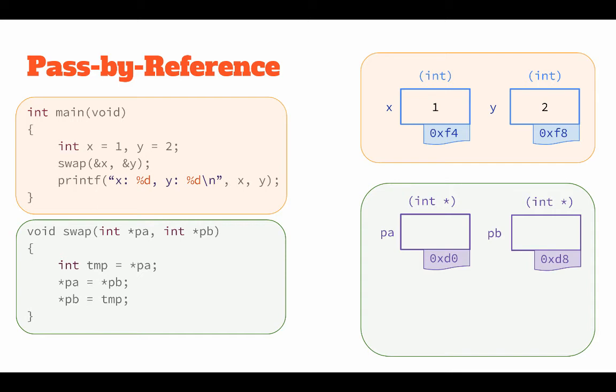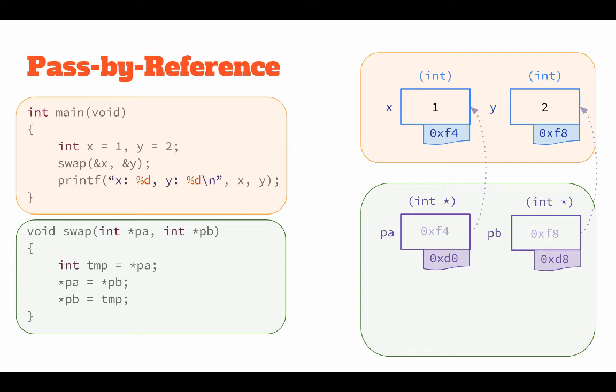They take up memory. And when I call the line swap and pass in the address of x and the address of y, so ampersand x comma ampersand y, that's going to find the address of x, put it into the variable PA, find the address of y, put it into the variable PB.